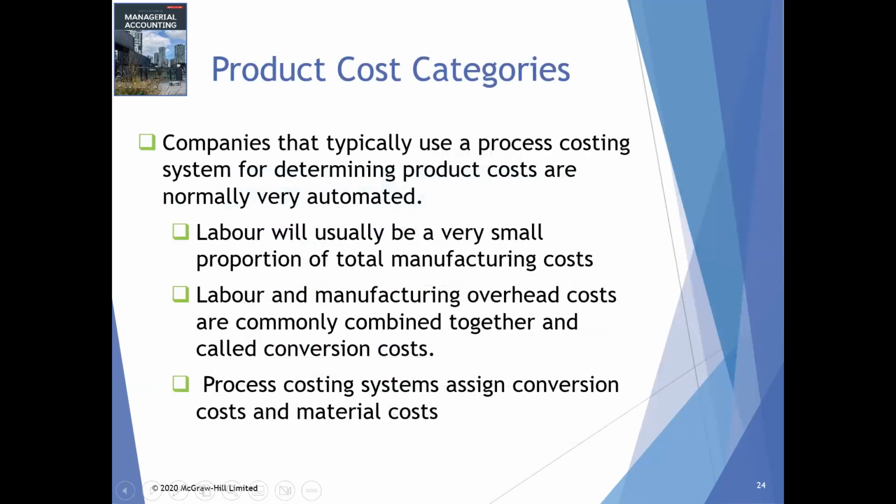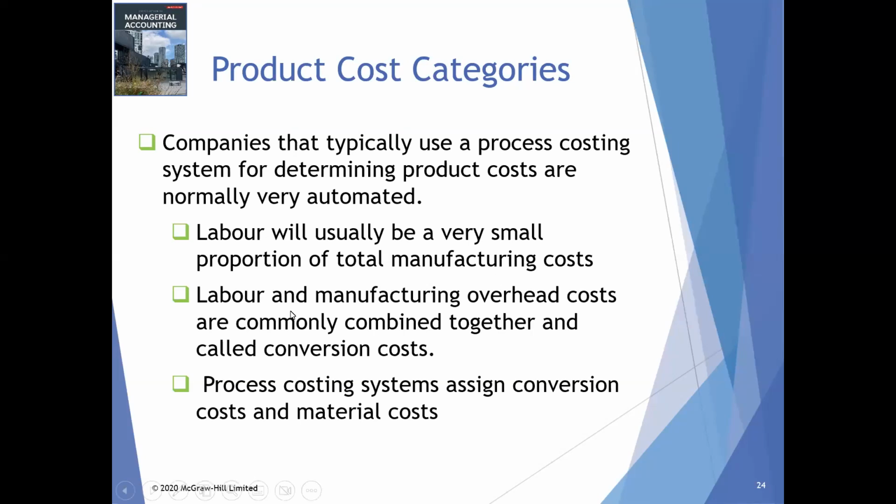Now, the product cost category. Companies that typically use the process costing system for determining the product cost are normally very automated, right? Labor will usually be a very small proportion of total manufacturing cost.